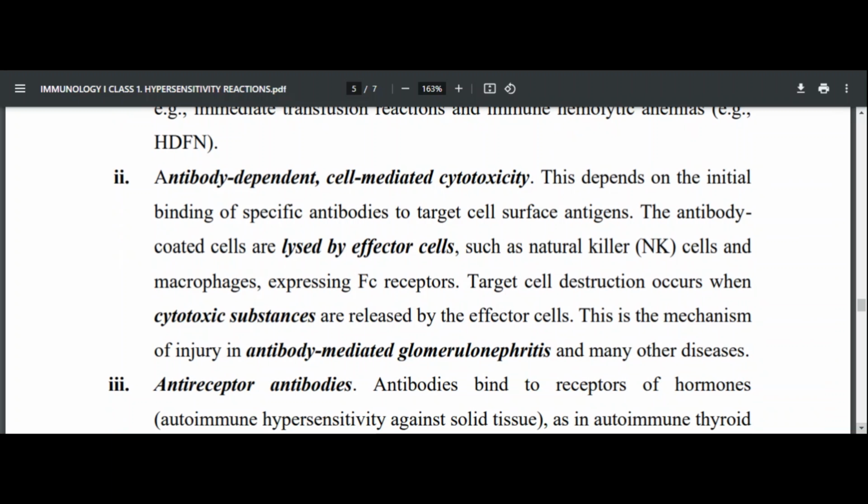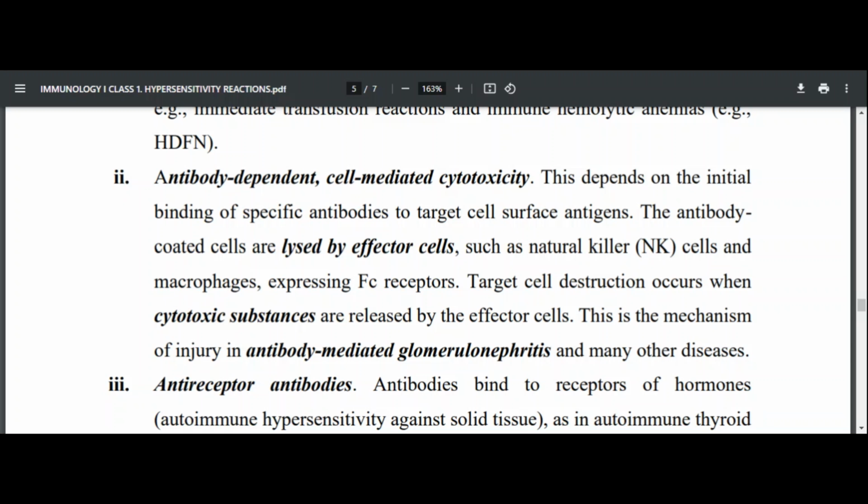So in antibody-dependent cell-mediated cytotoxicity, there is no involvement of complement, but what's going to happen here is that antibody is going to bind on antigen, which is of course on a certain cell, and there will be opsonization and recruitment of effector cells. Effector cells, for example, can be macrophage. Macrophage is an effector cell, as well as natural killer cell.